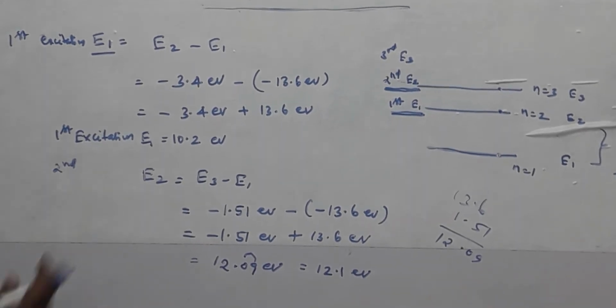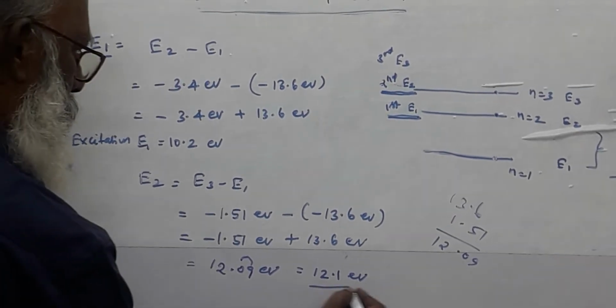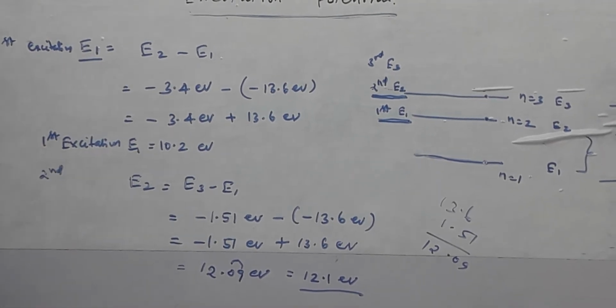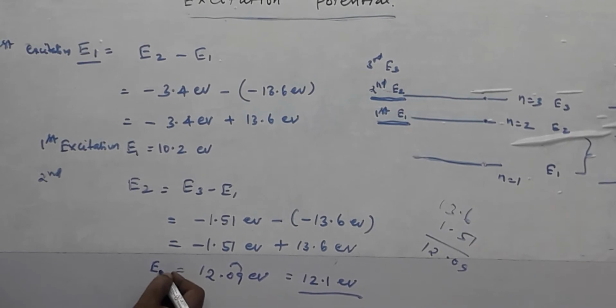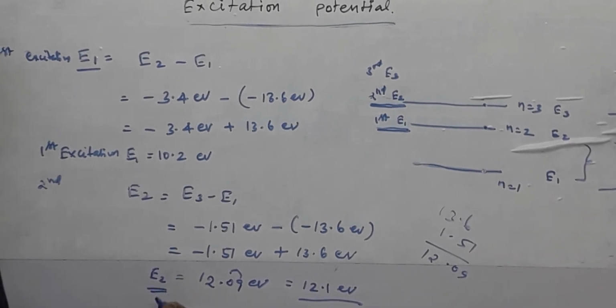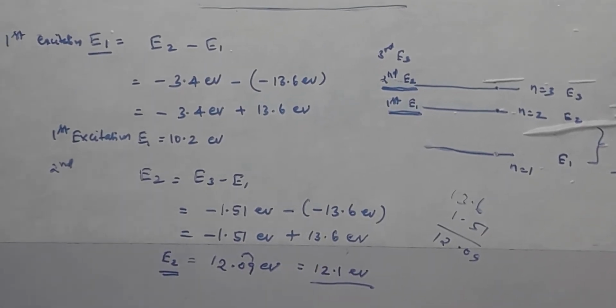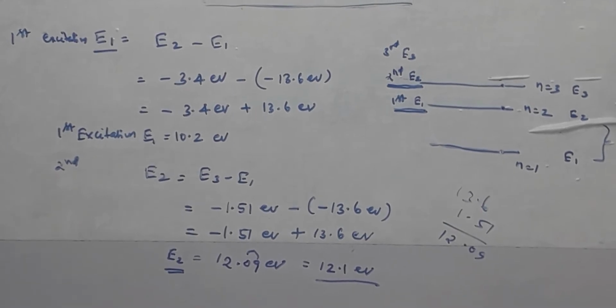Therefore, the second excitation energy is equal to 12.1 electron volt.